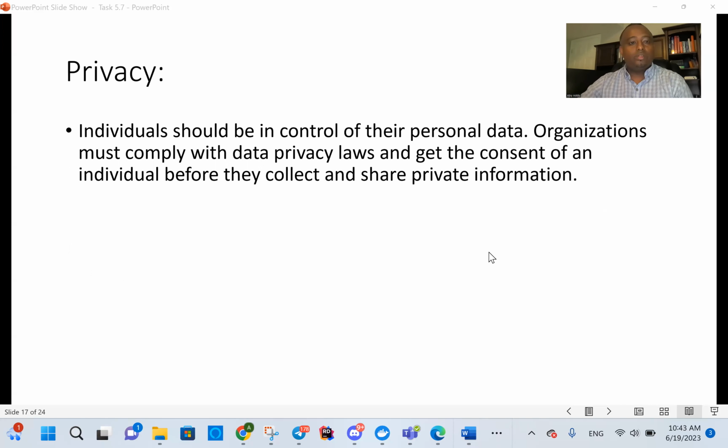For example, privacy. Individuals should be in control of their personal data. Organizations must comply with data privacy laws and get the consent of an individual before they collect and share private information.